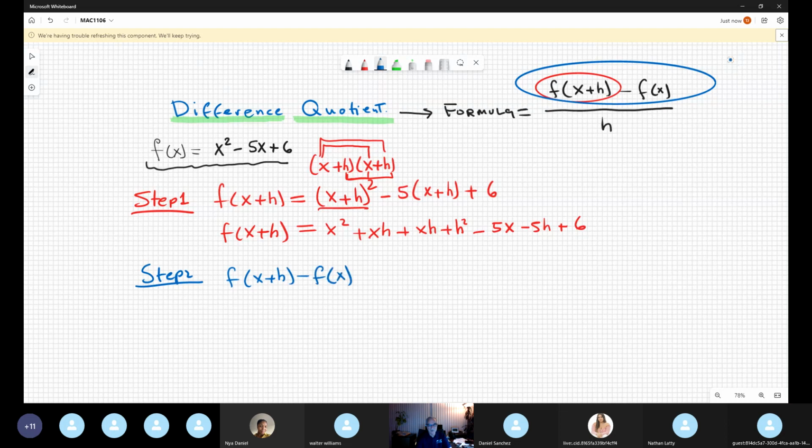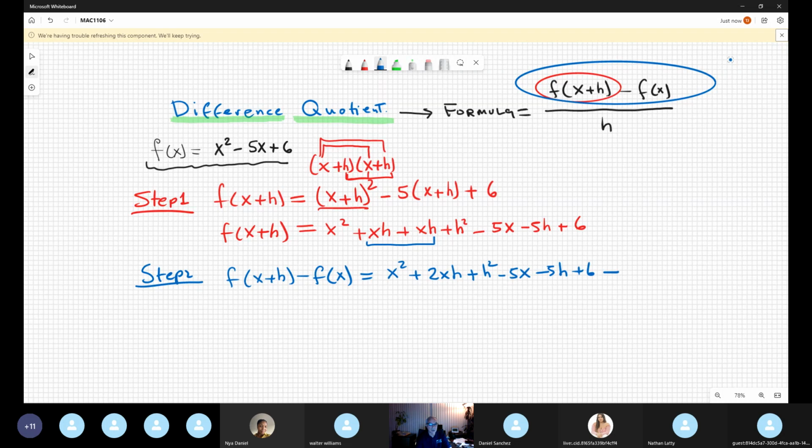In our specific function, that part is x squared plus, actually combining like terms, 2xh plus h squared minus 5x minus 5h plus 6, subtracting f of x.